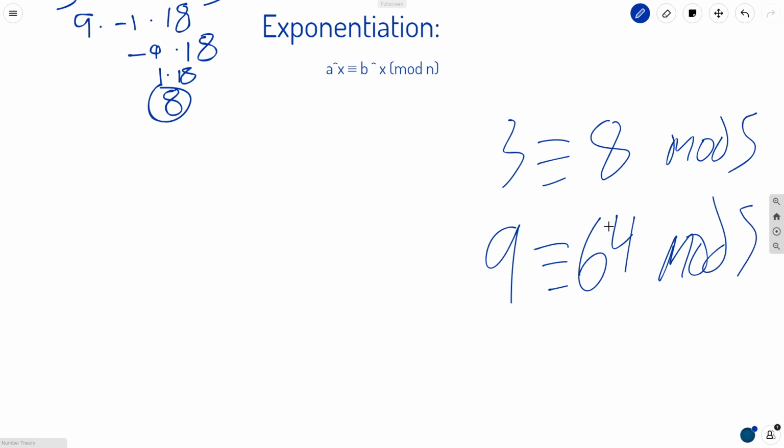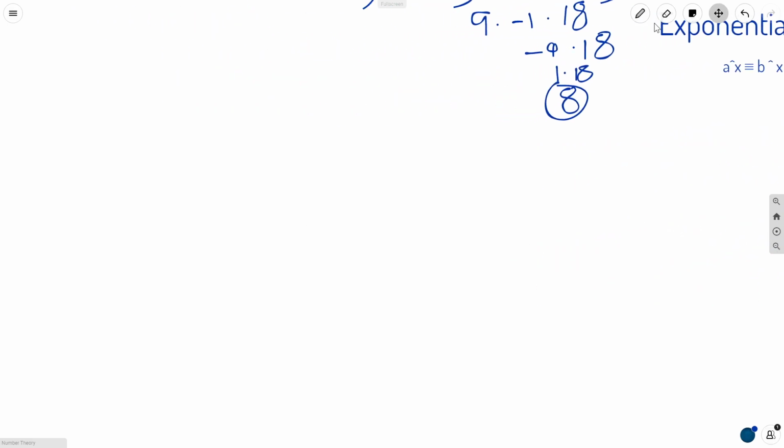So the difference here is 55, which again is a multiple of 5, and we can see this holds true fairly easily. Now, let's say I asked you to find the last digit of 3 to the 204th power. How would we go about solving this?